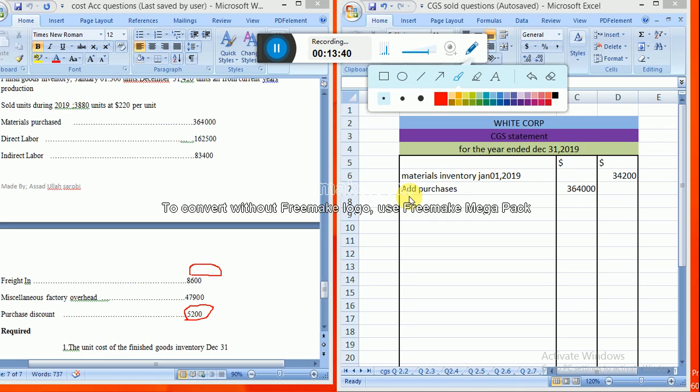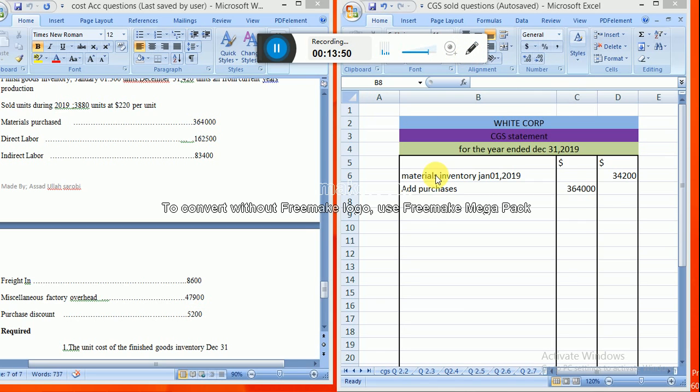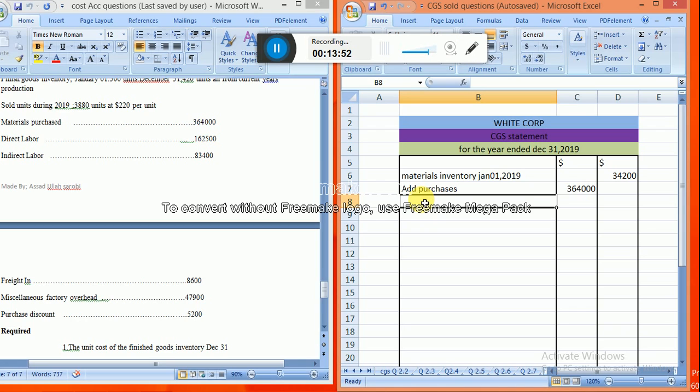Why? To find out the exact or the net purchase. So less purchase discount, keep in mind that we will subtract purchase discount from the purchases. As in the income statement, from the sales we subtract sales discount. So similarly here we will subtract the purchase discount from the purchases.